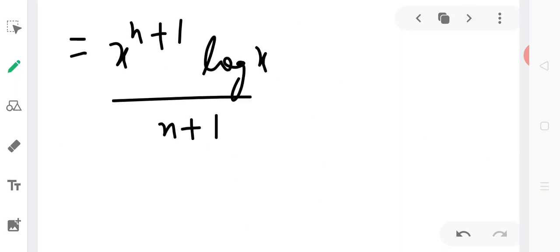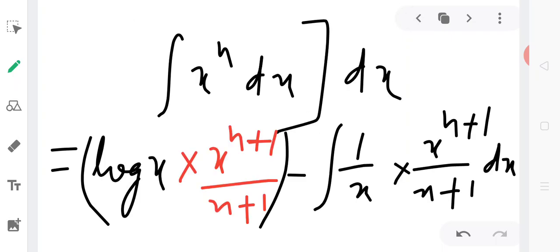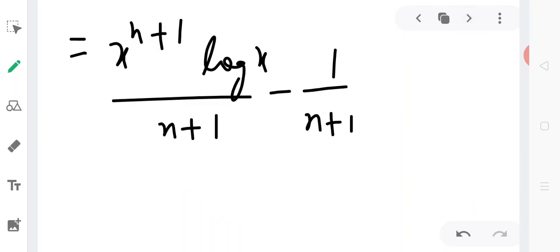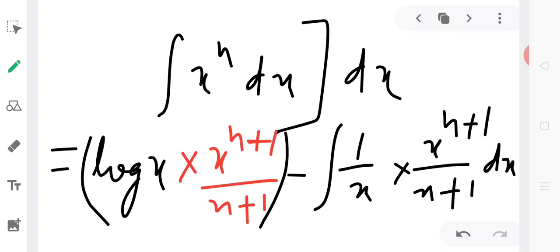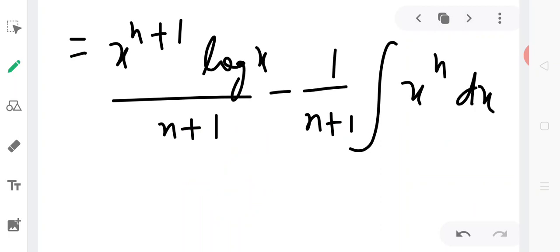And the second part will become, you can take out 1 by n plus 1 out of the integral sign, and inside the integral you would be having x to the power n dx. How do we get this? See, x to the power n plus 1, and in the denominator you are having x, so you can write down x to the power n plus 1 minus 1. So the term remaining will be x to the power n.